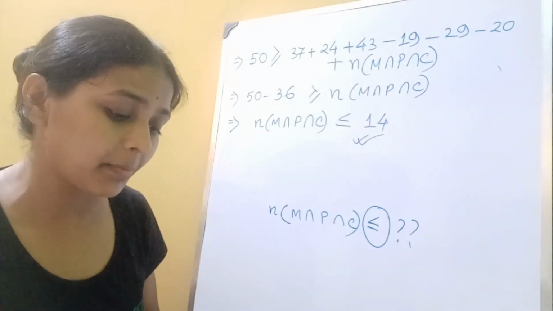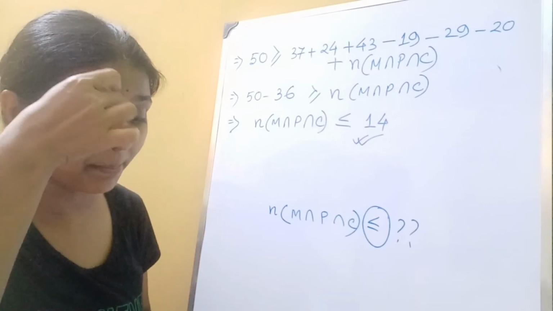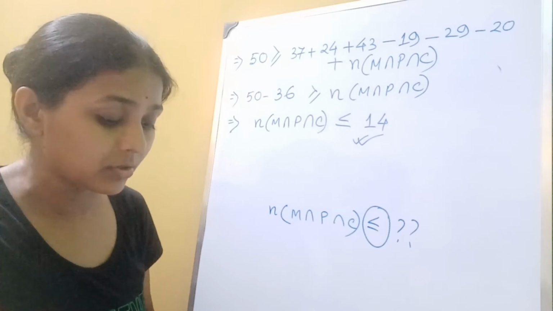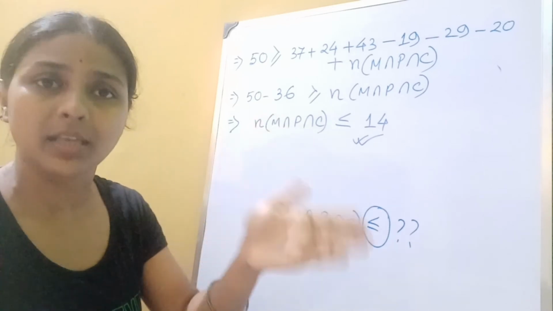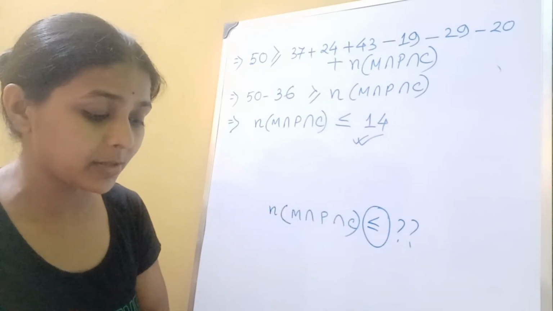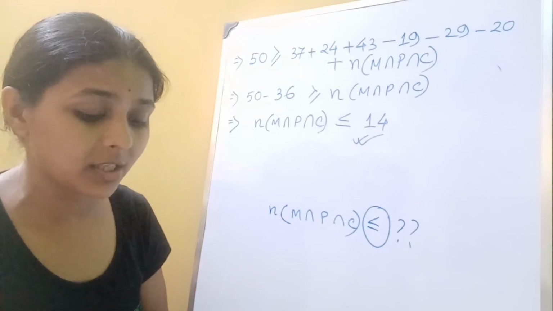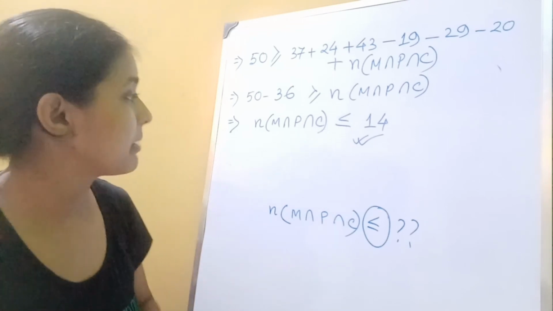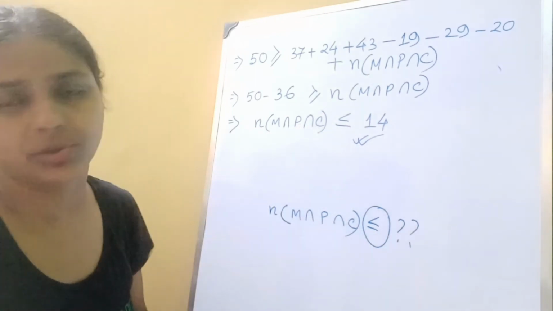The question I am repeating again, what is the largest possible number that could have passed all the three examinations? So we will write the answer in the same way, that therefore the largest possible number that could have passed all the three examinations is 14, because n of M intersection P intersection C less than or equal to 14.